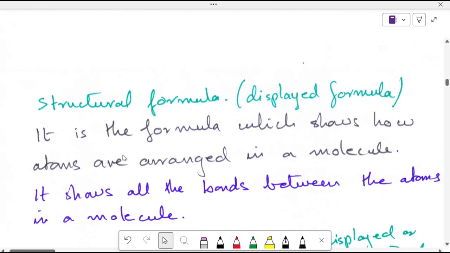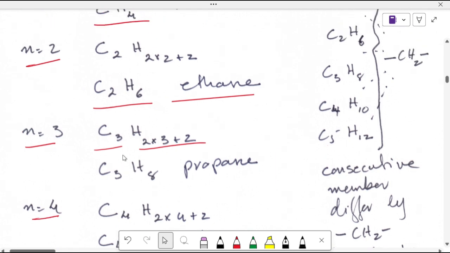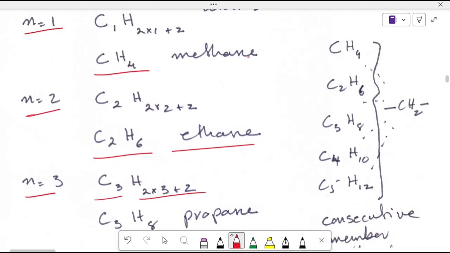Now, on the right side, as I have mentioned earlier, in a homologous series the consecutive members differ by CH2. This is one of the characteristics of homologous series which I discussed in the beginning. You can see I have written 5 consecutive molecules: methane, ethane, propane, butane, and pentane. And all differ from each other, the consecutive members differing by CH2.